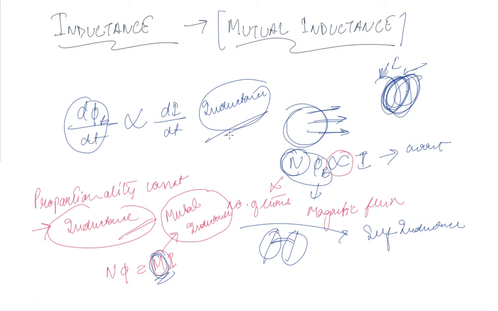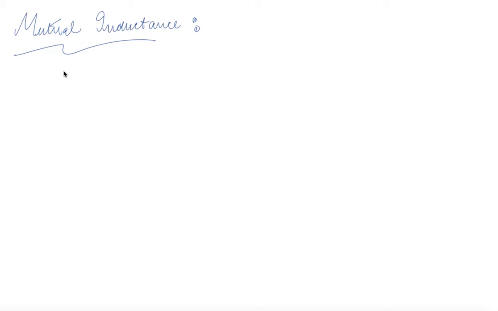So let's have a look at our first topic, that is mutual inductance. Now let's understand what is mutual inductance by taking two solenoids. One solenoid is of a small radius, say r1.